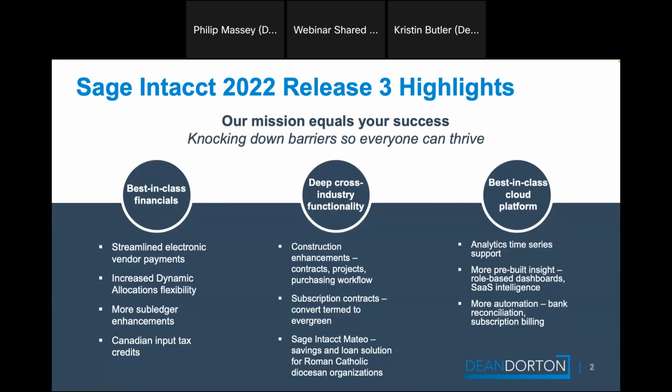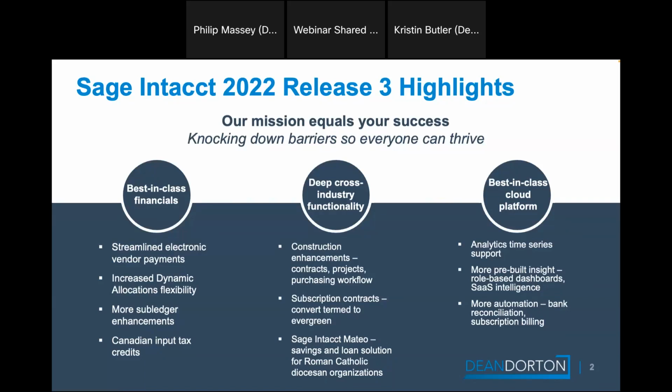It's a very interesting third item on the list there, Sage Intacct and Mateo, very specific to Roman Catholic diocese organizations, of which there are a good number, that is targeted specifically to those folks.